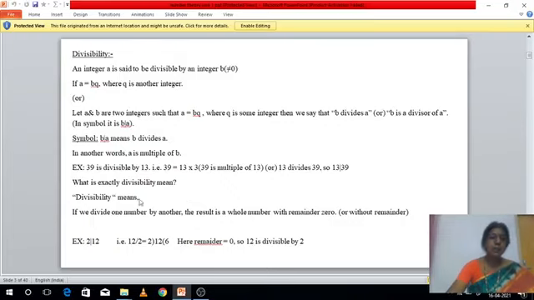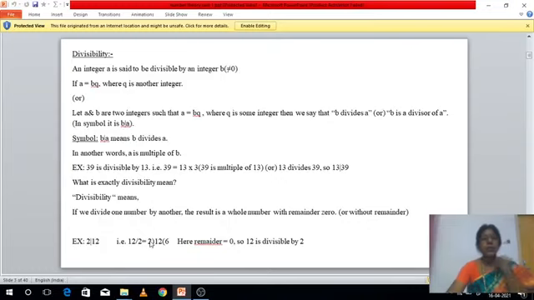Now you observe what exactly divisibility means. Divisibility means if we divide one number by another, the result is a whole number with remainder 0. See here, one number is divisible by another number, the result is a whole number with remainder 0. Observe, 2 divides 12, you get 6, and remainder is 0.